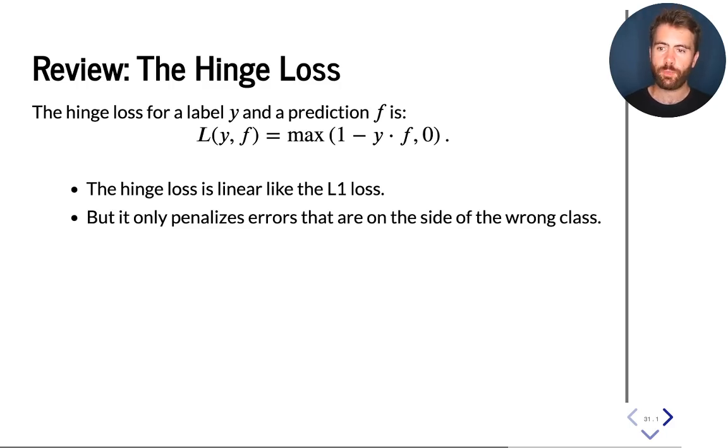and I showed that the problem of optimizing for the maximum margin is equivalent to optimizing for a regularized version of this hinge loss. So this loss has interesting properties. It is linear like the L1 loss, which takes this V shape. In the hinge loss, one of the directions of the V is removed and it equals 0.